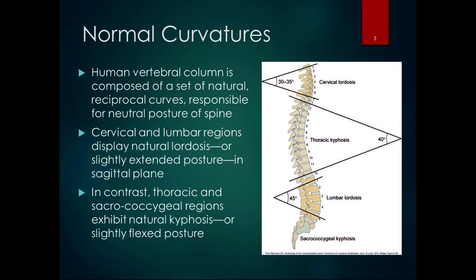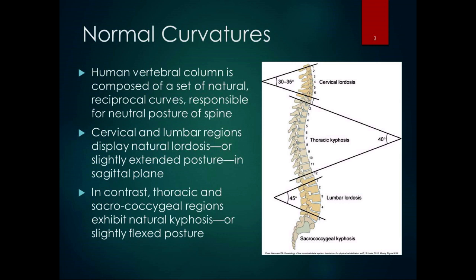So the normal human vertebral column has a set of natural curves that are shown here. The sacrum has some slight kyphosis. The lumbar has some slight lordosis, which means anterior movement, anterior flexion.